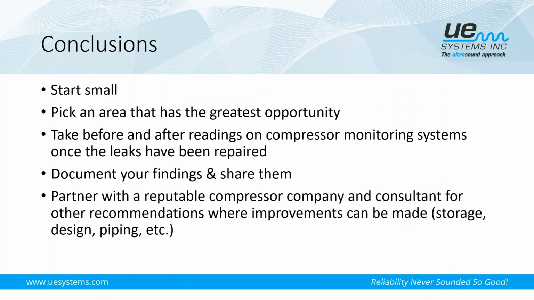So just wrapping up, I would recommend start small. Pick an area, pick a machine, pick a line, pick an area where you have the greatest opportunity. Locate your leaks. Make sure you repair those leaks. It's one thing to find them, but to realize the savings, you've got to repair those leaks.